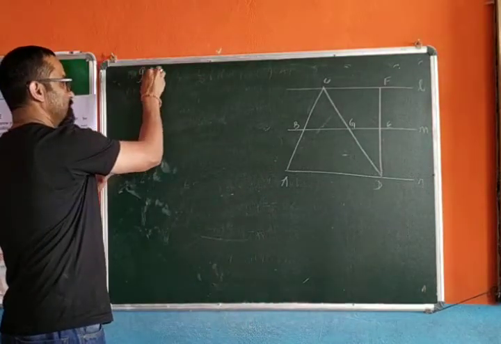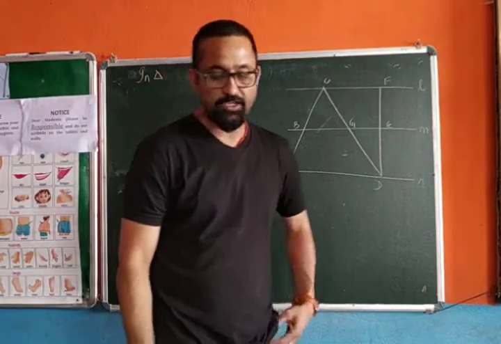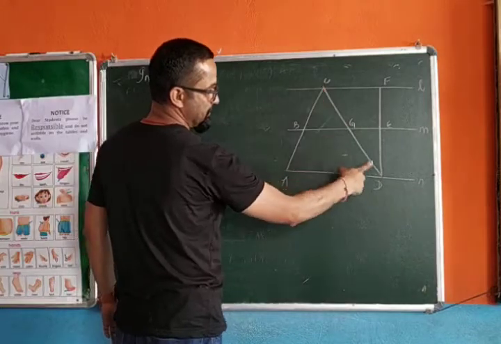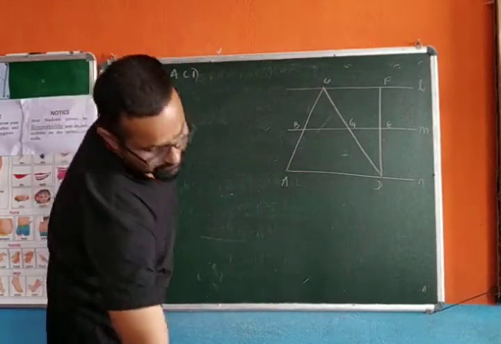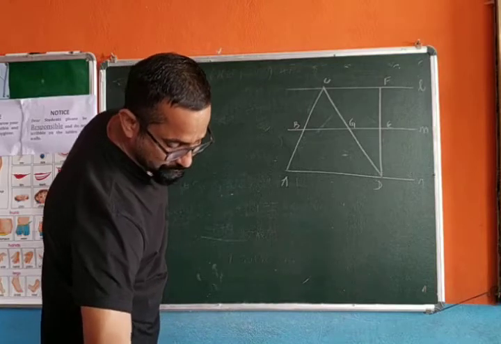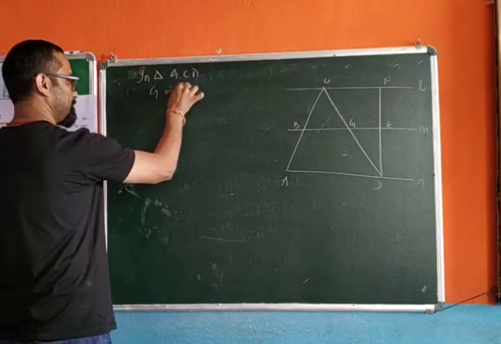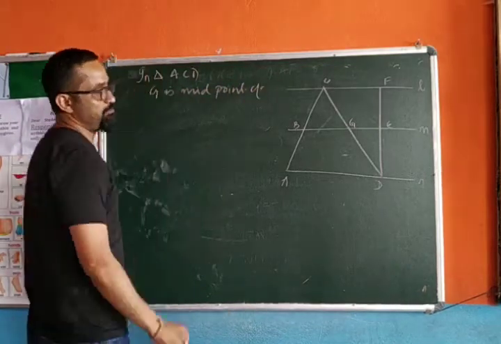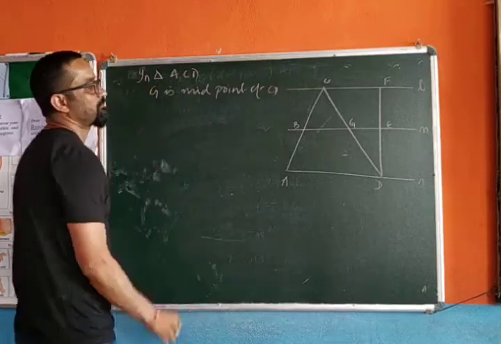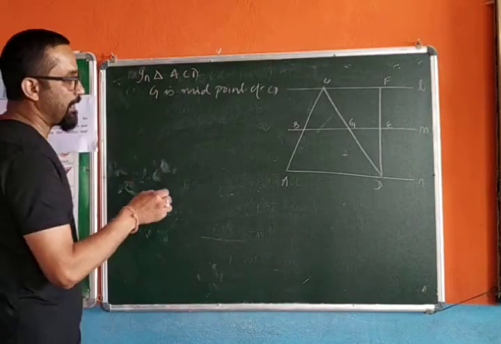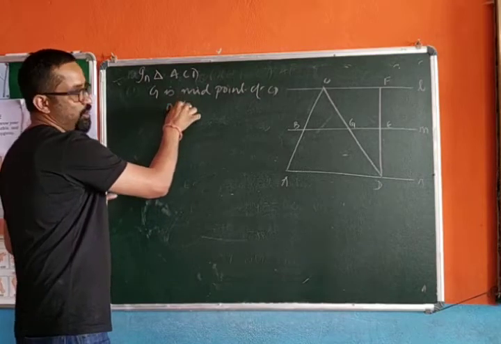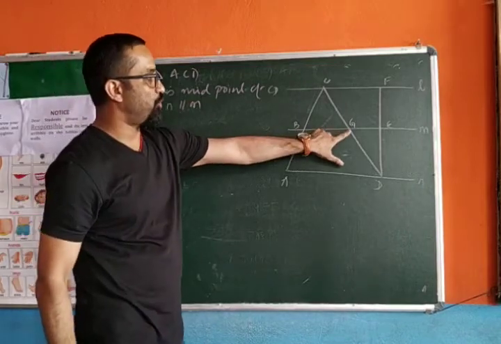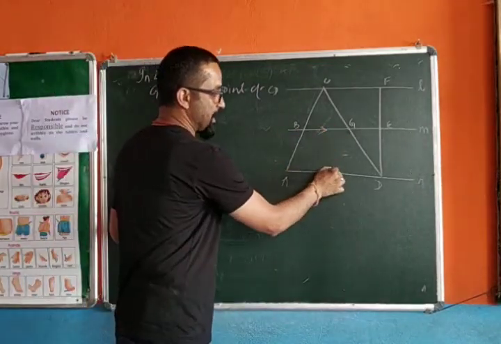Right, in triangle ACD, G is midpoint of CD. Line N is parallel to M. G is midpoint and these two lines are parallel.